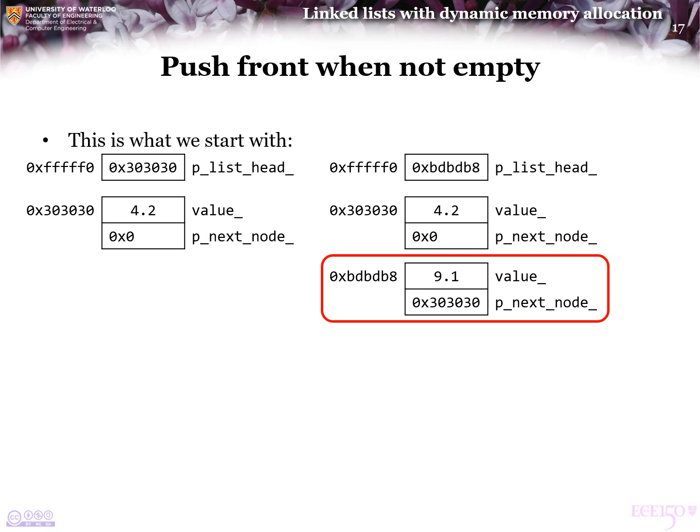You will also notice that its next node member variable is storing the address of the first node, what was the first node in the linked list. We then have to update the pointer to the list head to store the address of this new node.